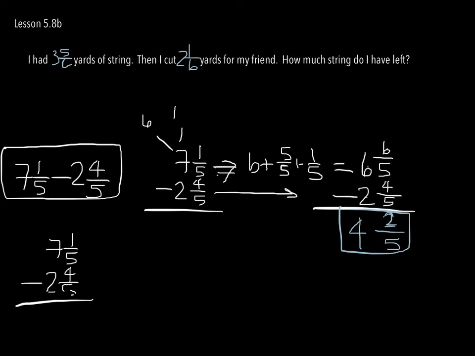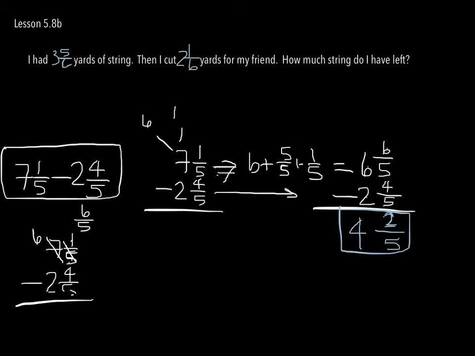I can't do 1 less 4 because the math laws won't let me. So I go to my neighbor and borrow some sugar. 7 becomes 6, and now that 1, I'm going to add 5 to it because I'm going to add 1 whole, and now this is going to become 6. So now it's going to be 6/5.